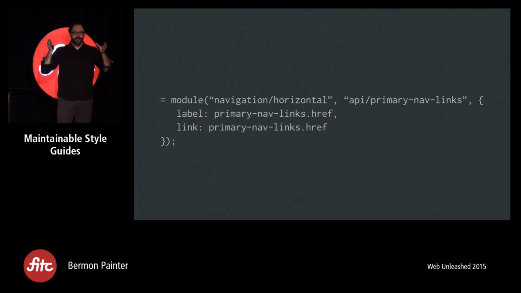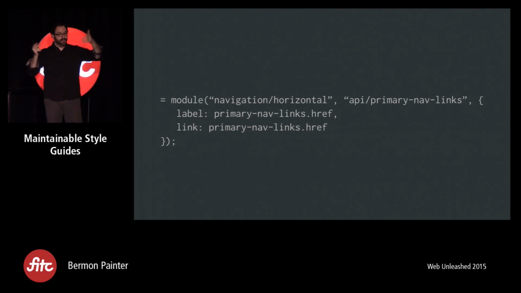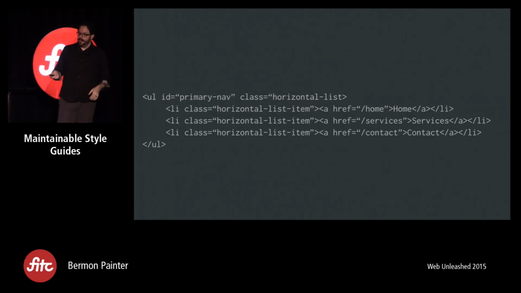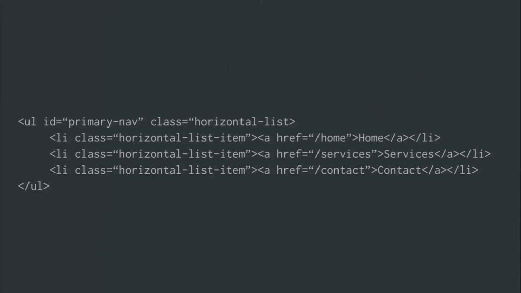So within our module, we can pass those attributes back to the pattern itself and generate the list of links with the appropriate label and link that it's supposed to go to. And what that would spit out in theory was something kind of like this. It gives us the HTML that we need with the appropriate JavaScript hooks, so our JavaScript fires correctly, with any other classes and odds and ends that make this look like it's supposed to look.